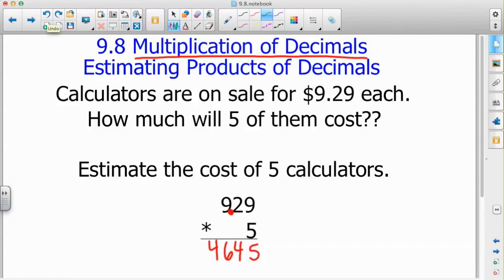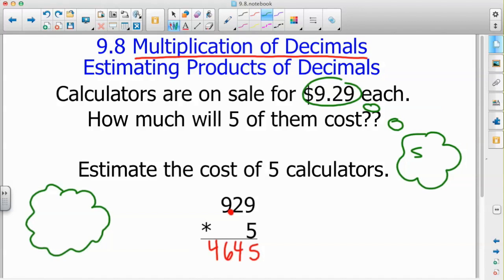Before we go any further, let's remember back when we solved this problem using estimation. Remember, we rounded our cost of one calculator from $9.29 to simply $9. And when we purchased 5 of them, we multiplied 9 times 5 to get an estimated total cost of $45. So now that we know that our answer should be somewhere close to $45, we can play a little bit with where our decimal goes.